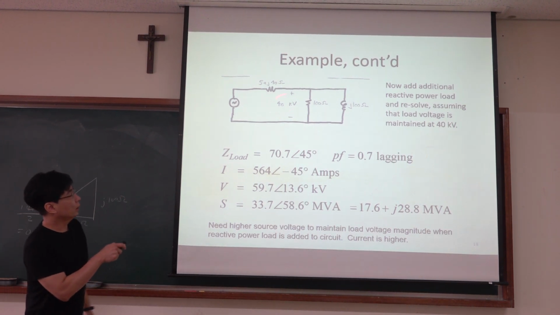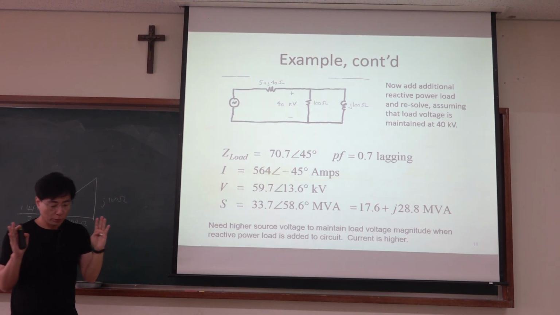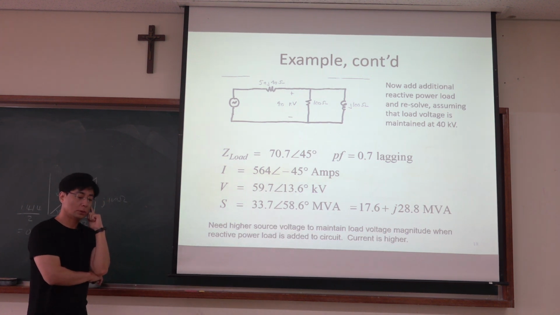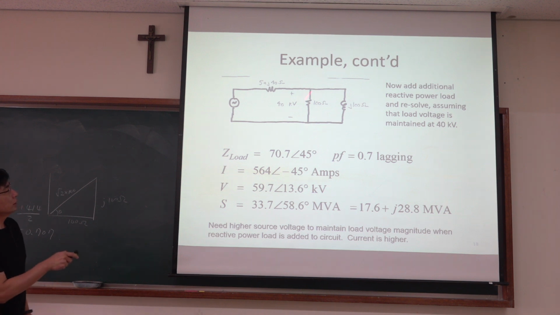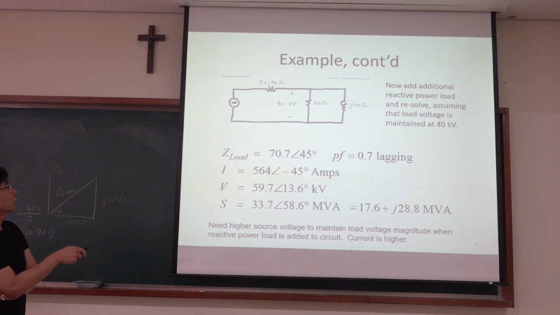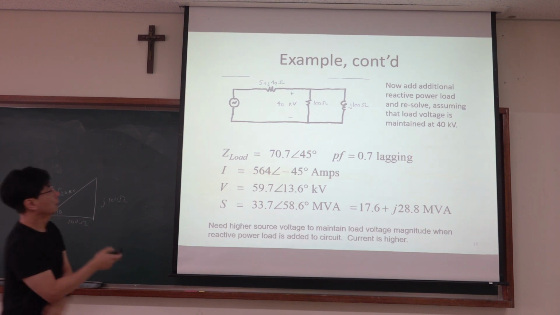Our assumption is that we maintain the load voltage at 40 kilovolt. So using this impedance at the load and this voltage, you can compute this. Can you do that? Yeah, obviously.